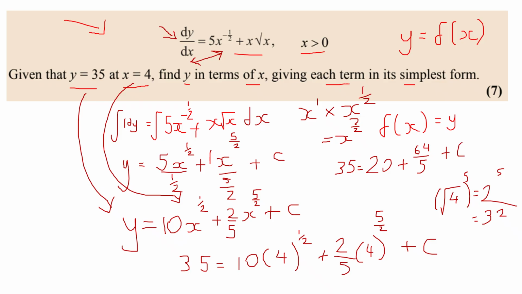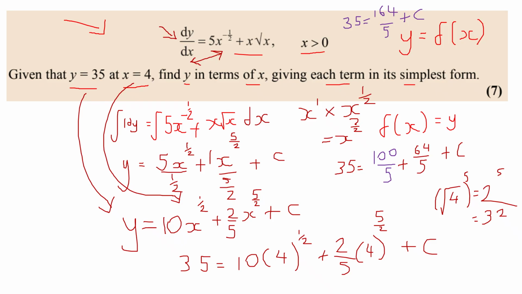Plus c. I'm now going to try and combine this in one go. So 20 whole equals 100 over 5, plus 64/5. So we have 35 is equal to 164/5 plus c.